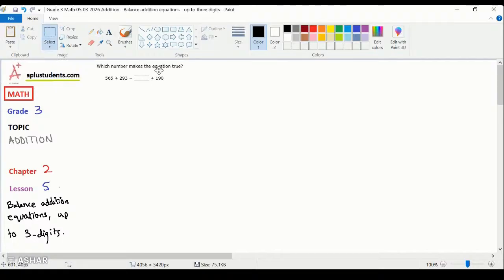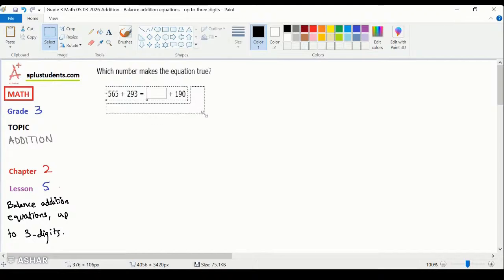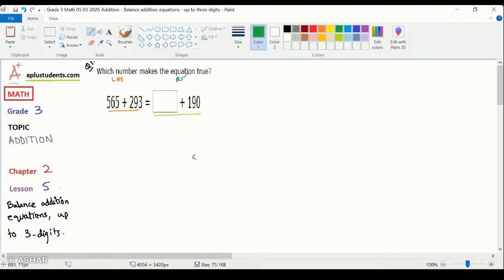This set of values is on the left hand side, and this set of values is on the right hand side, because this is an equation.